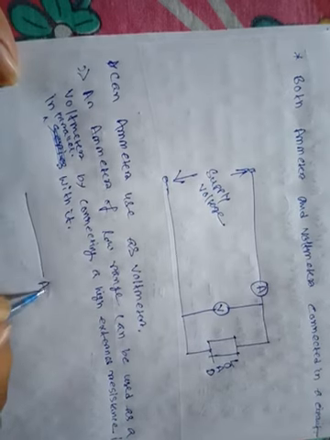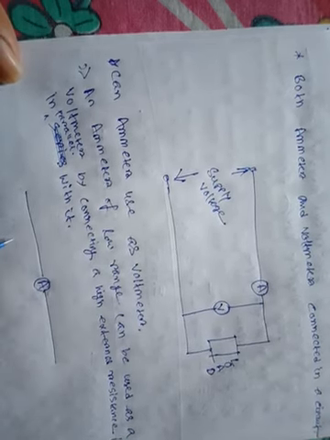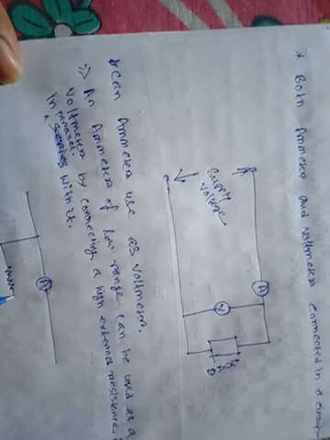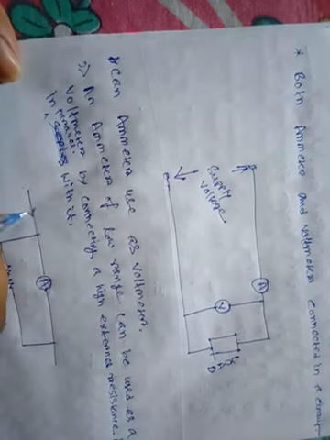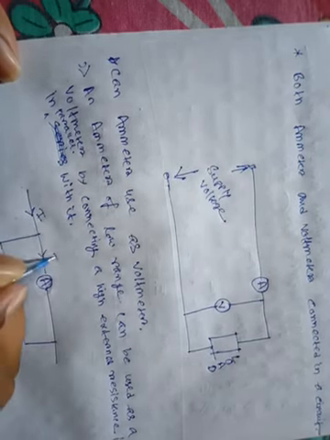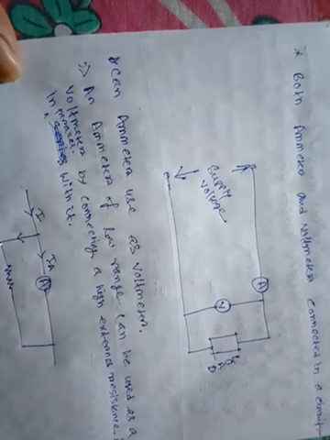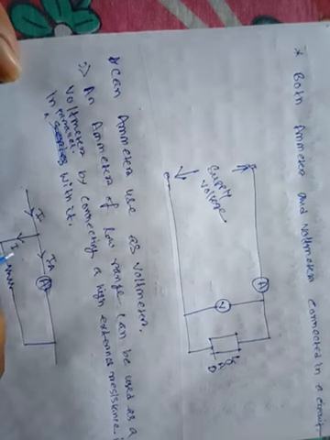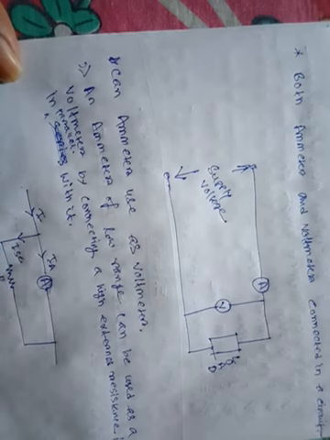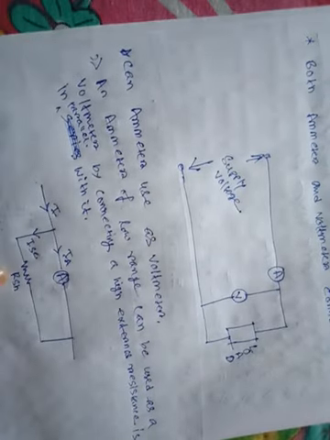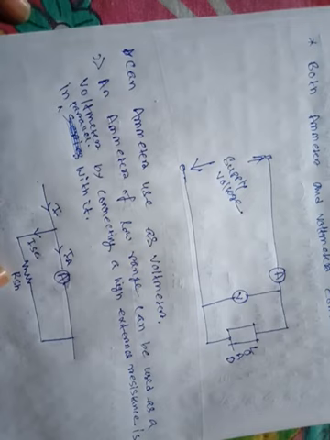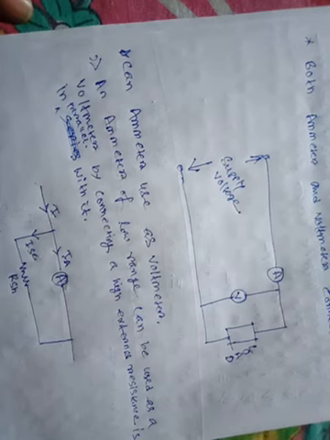Suppose this is an ammeter where the external resistance is connected across the ammeter. The input current I, the ammeter current, and the shunt current. The shunt resistance: a low resistance shunt is connected in parallel with the ammeter in order to measure a greater current than the meter itself can carry.